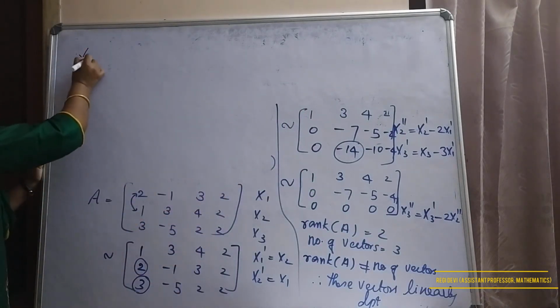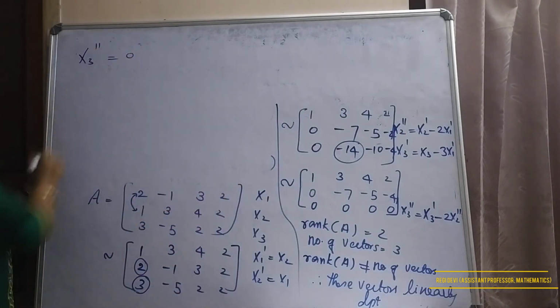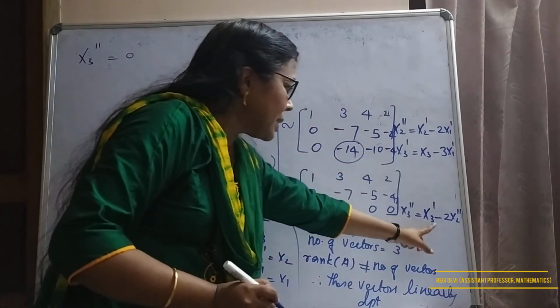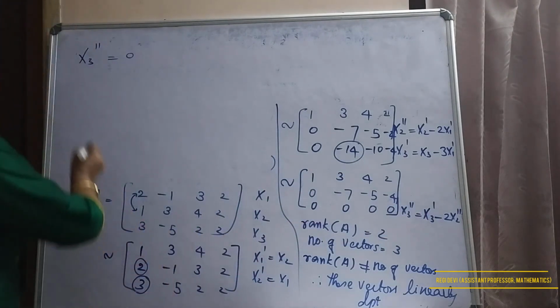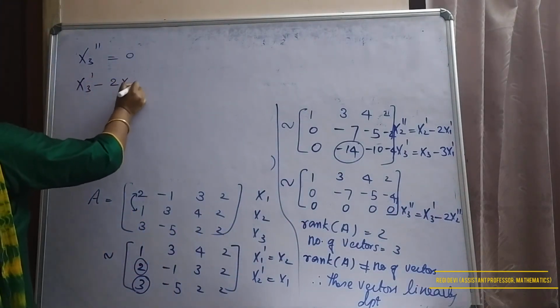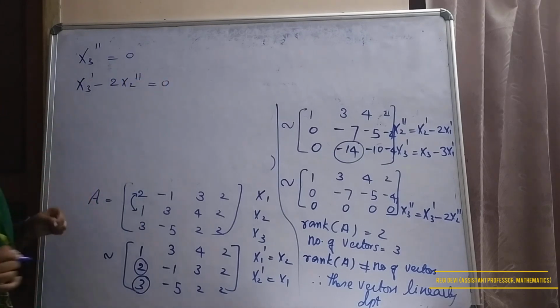That is x3 double dash equal to 0. What is x3 double dash? x3 double dash is x3 dash minus 2x2 double dash. So x3 dash minus 2x2 double dash equal to 0.